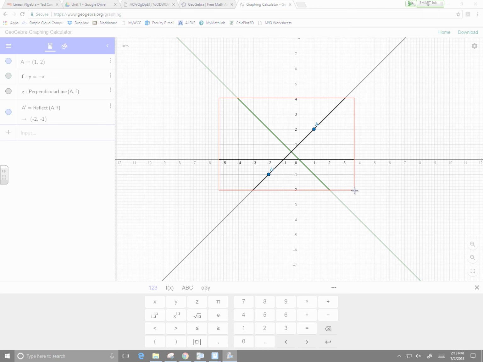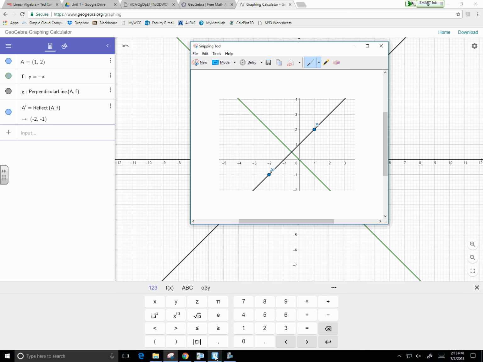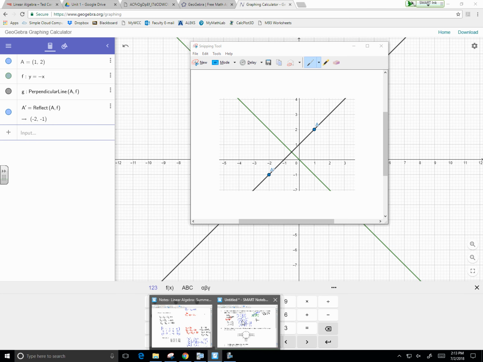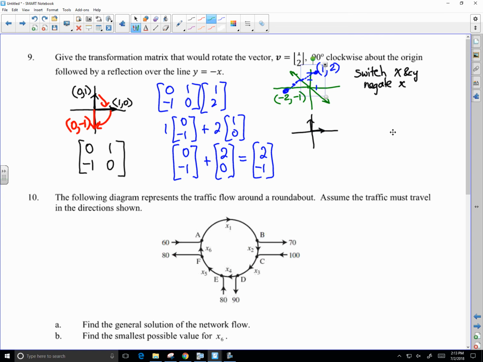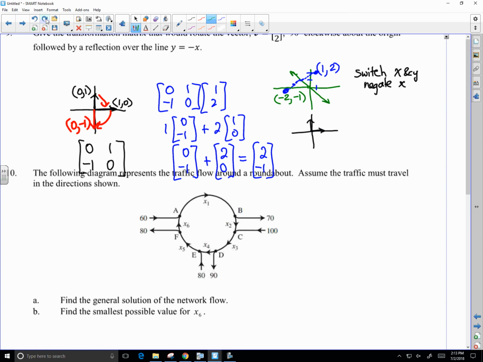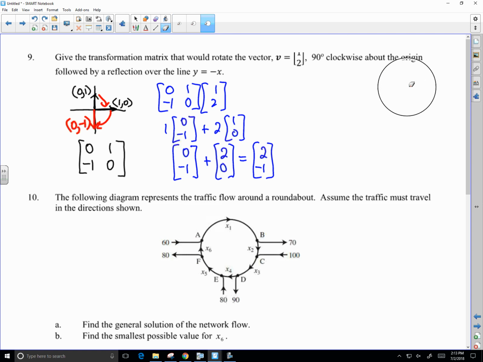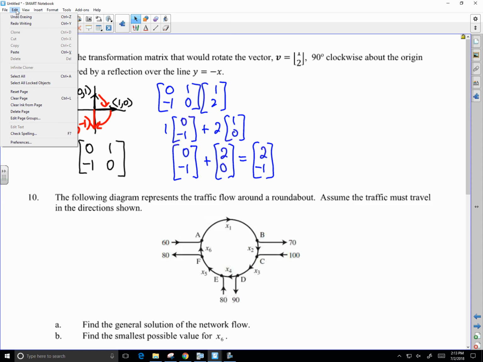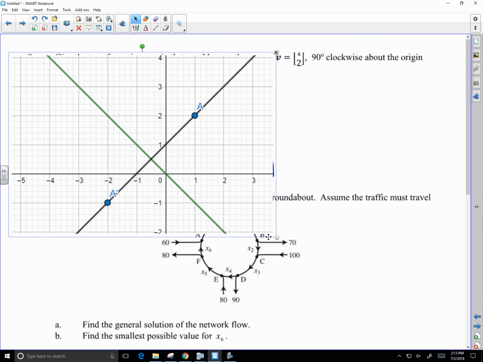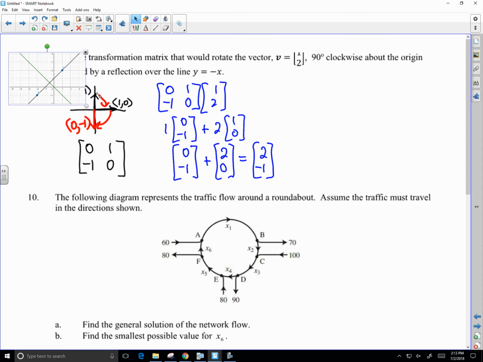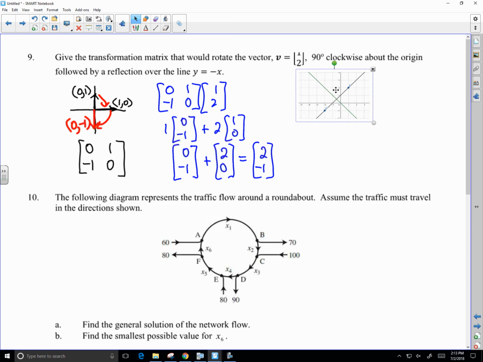A halfway decent picture anyway. Get rid of this garbage. Oh no! Why?